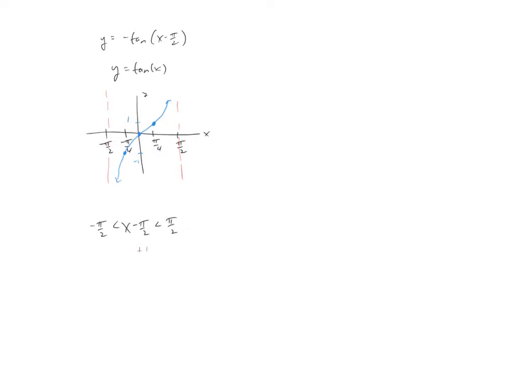If we add pi over 2 to both sides, we'll end up with 0 less than x less than pi. So that's what I'm actually going to graph now for the true example number 3 that we're looking at. So we start at 0, we go to pi.